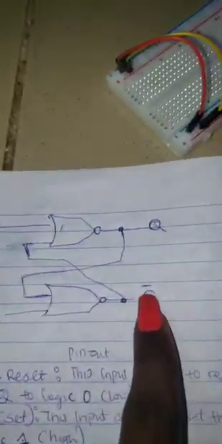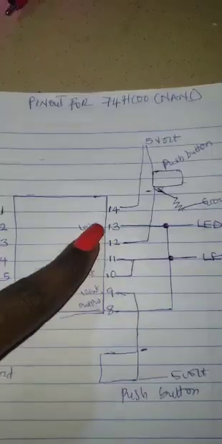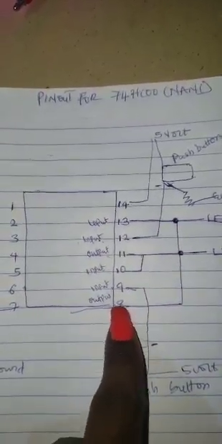Now, like I mentioned, we have 2 inputs here, and 2 inputs in the second NAND gate, and then we have 1 output and 1 output. Looking at the pinout, the input here is connected to the output of the third NAND gate.